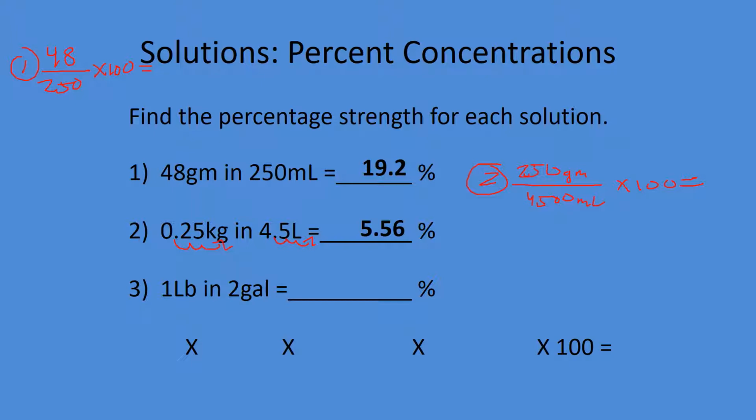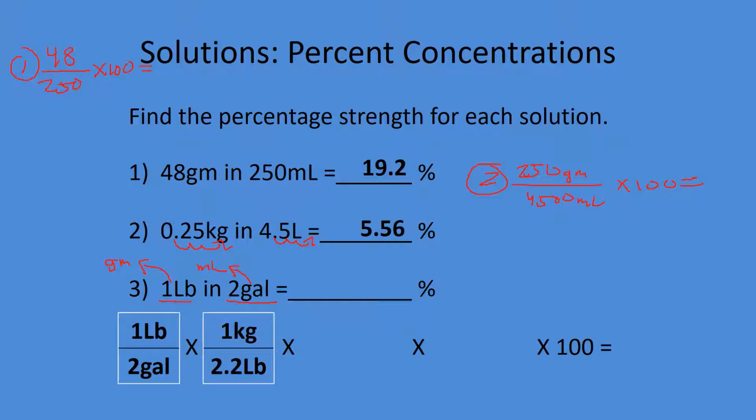All right, this last one, you probably won't get a question like this on any quizzes or exams, but here I'm just testing out your conversion skills. So we got to change pounds to grams and gallons to mLs. So we have 1 pound per gallon. I converted the pounds to kilos, so I can get that to grams. Next, I converted gallons to mLs.